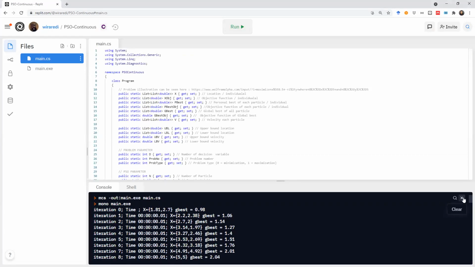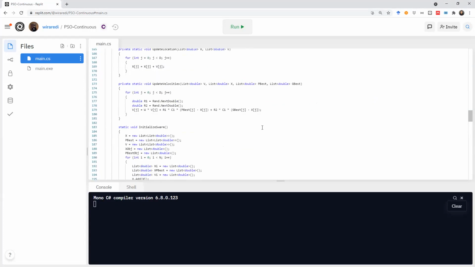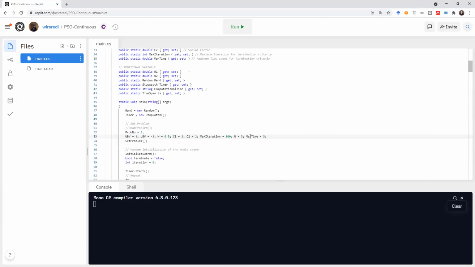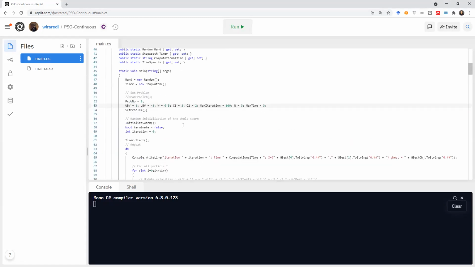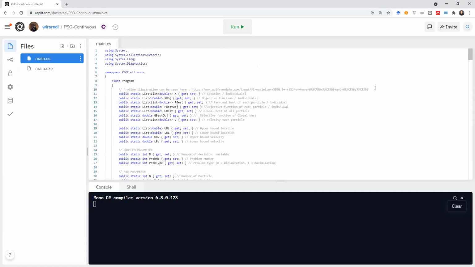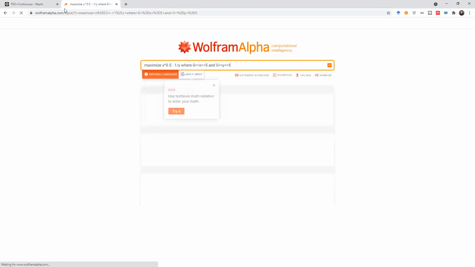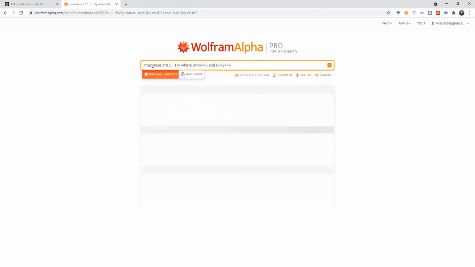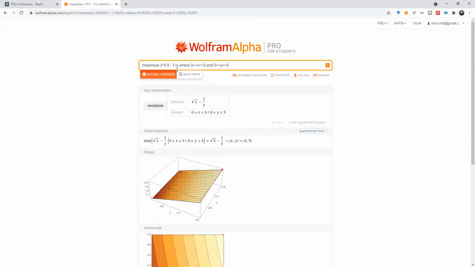Okay, before I give you this code, let me show you what kind of problem we are working on here. Let's try to solve it using a calculus approach, like derivatives and so on. Let's say the problem is this: you want to maximize x to the power of 0.5 minus 1 divided by y.